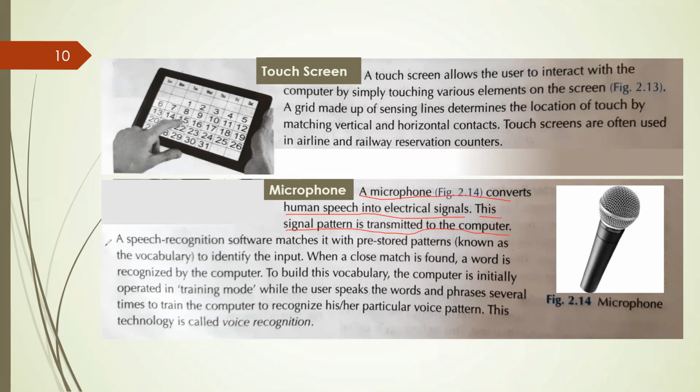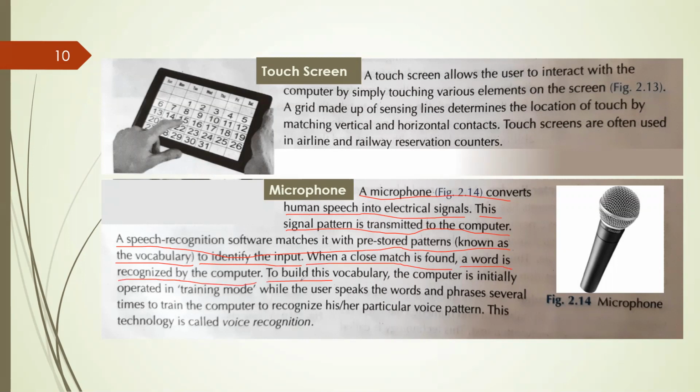Okay. After that, speech recognition software matches it with the pre-stored pattern, known as the vocabulary, to identify the input. When a close match is found, a word is recognized by the computer.